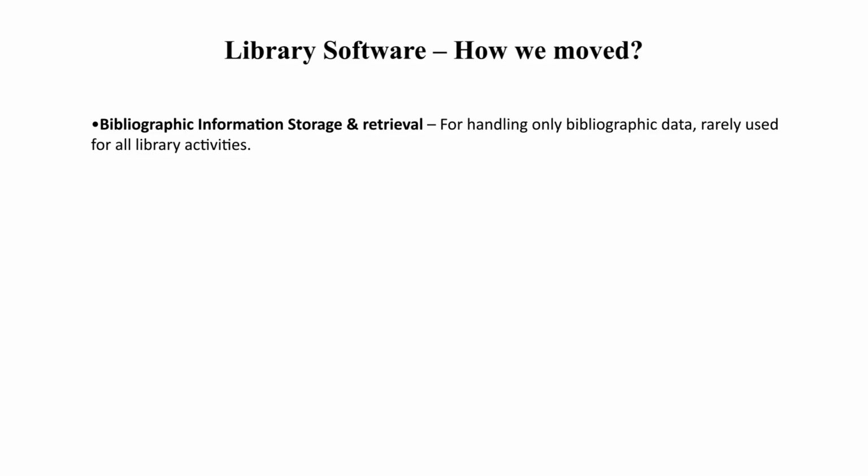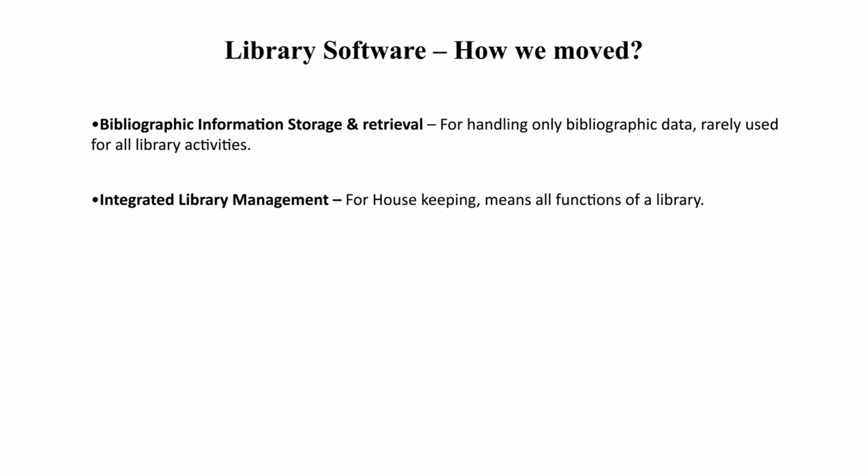The bibliographic information of the document must be stored in a computer system so that it can be retrieved later for use. Such types of software are known as bibliographic information storage and retrieval software. The second category is integrated library management software.